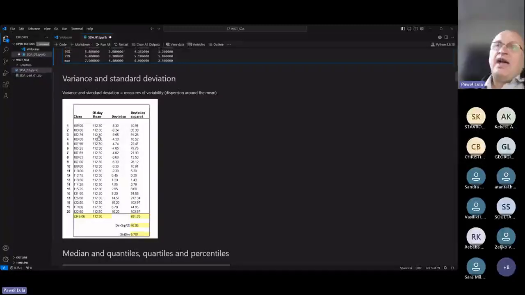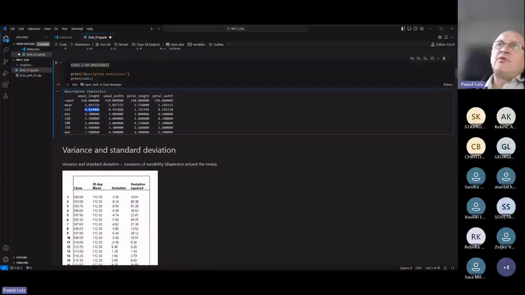So it is an average distance between the first and the second column. It is a standard deviation.